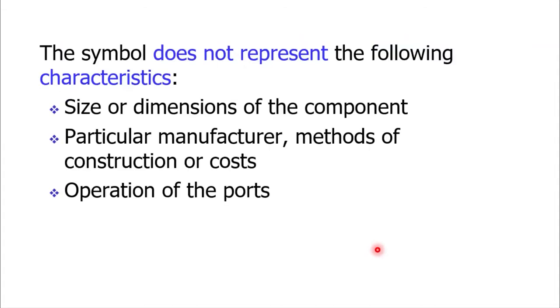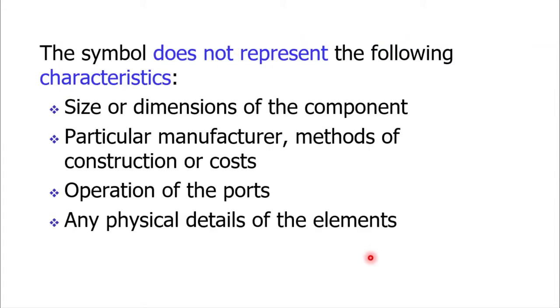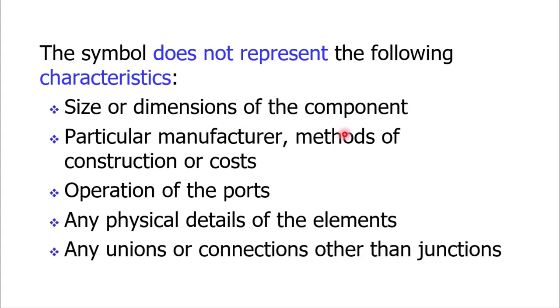But what is not being represented: we are not communicating the size and dimension of the component, no information about the manufacturer or the cost of construction. There is no information about the exact operation of the ports. We are not communicating any information about the physical details of the elements, though material specifications are also provided.